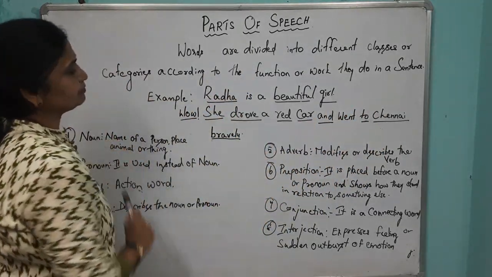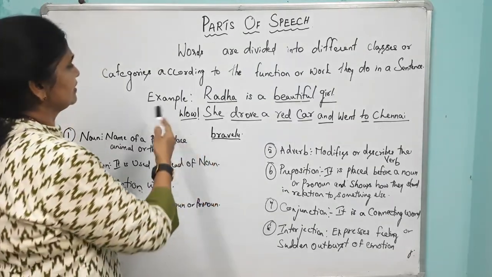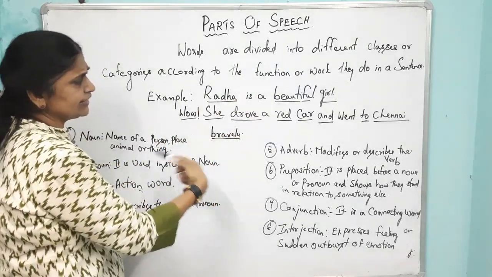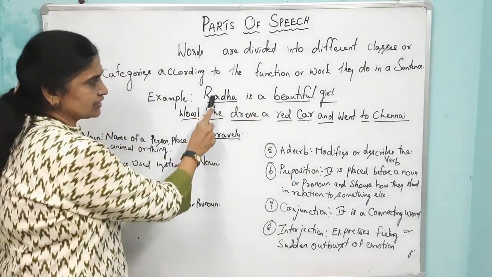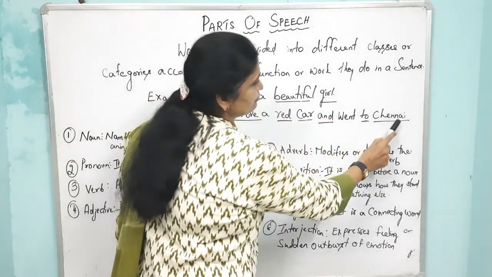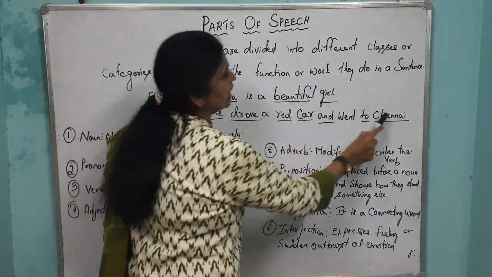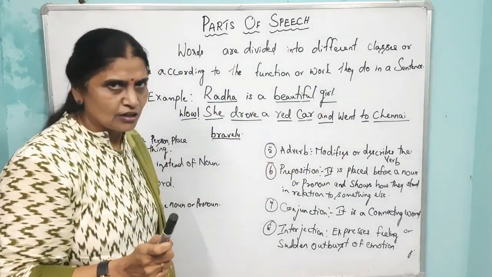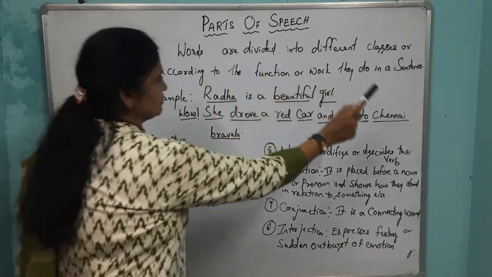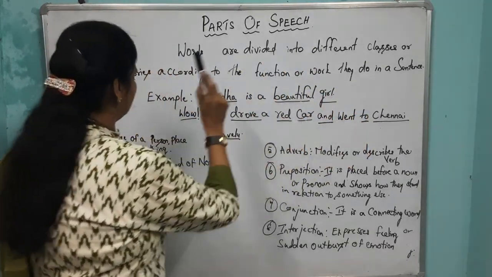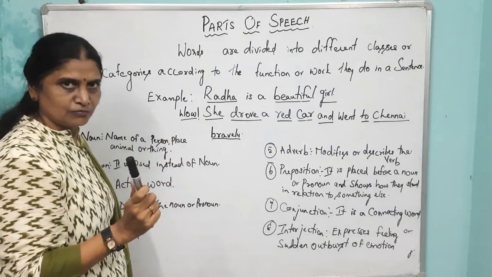Now thing. Can you identify anything? Yes, car. Car is a thing. So you have Radha, car and Chennai. All these three are nouns. Are you able to understand? Name of a person, name of a place, name of a thing. This is a noun. Got it?